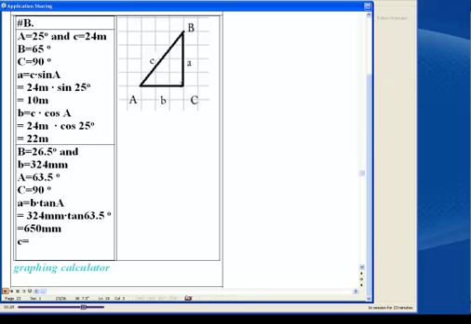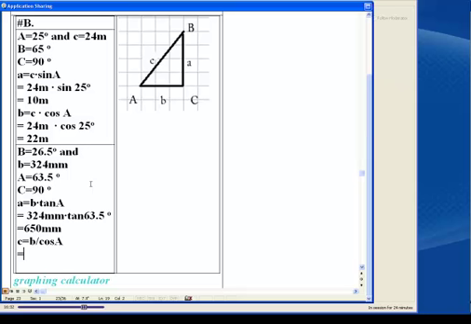Cosine of A is B over C, and therefore C is B divided by cosine of angle A, which is the same as 324 millimeters divided by cosine of 63.5 degrees, which comes out to 324 divided by cosine 63.5, 726 rounded millimeters, which is what the book says as well.